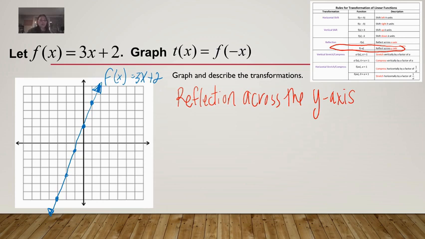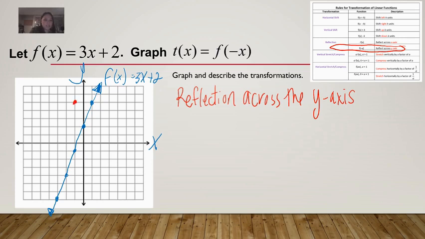So that means that I'm going to take each point and reflect it on the other side of the y-axis. Now remember, this is the x-axis, this is the y-axis. So I'm going to go ahead and grab the red color. And for every point, I'm just going to reflect it across the y-axis. So I'm going to start on this one here, and I'm going to move over to the left one to get to the y-axis. So that's going to be the same distance away.